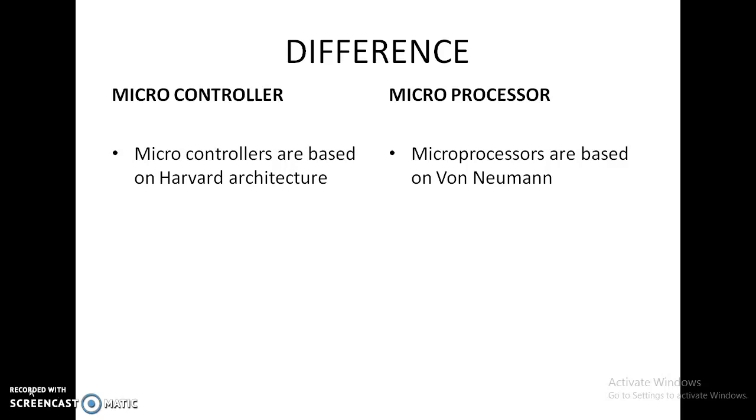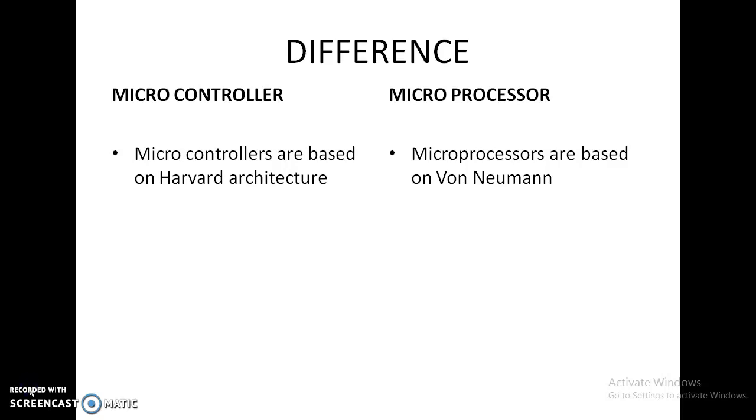If there is a separate memory for program storage, stack, and variable RAM, then that is Harvard architecture. So this really helps in providing instruction parallelism. That is, you can fetch the next instruction while the current instruction is being executed.